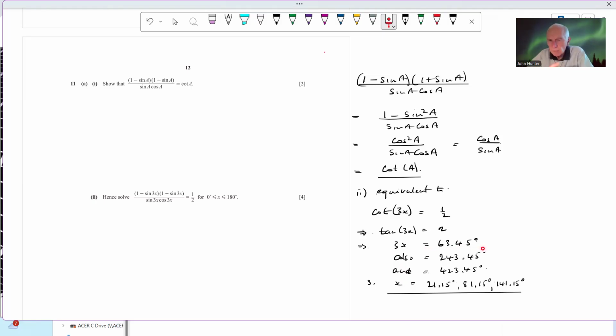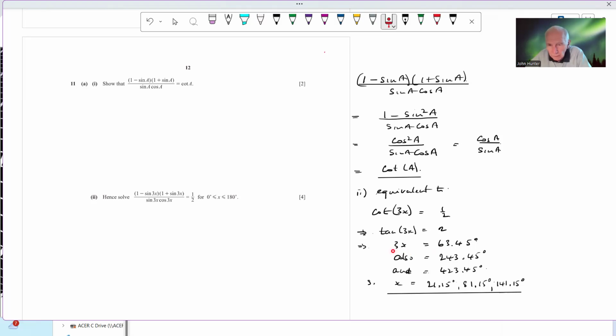Right. Now, the thing is that we're going to divide through by 3. So there are going to be other solutions when we think of the periodicity of the tangent curve. Well, it repeats every 180 degrees, doesn't it? So we're going to have to include some other solutions, because when we divide through by 3, we're going to be finding things in the range that we are interested in.